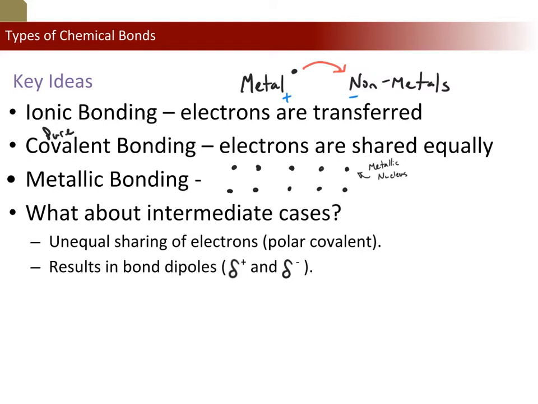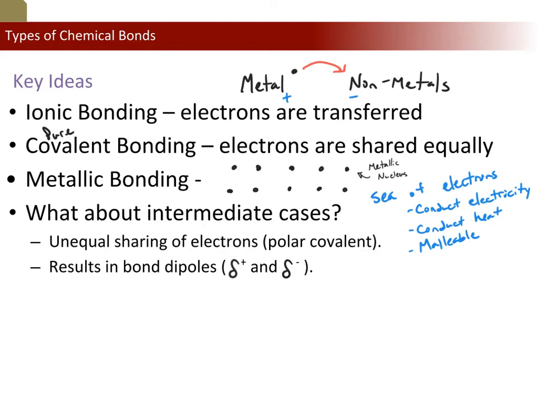And the electrons that belong to those nuclei exist in what is known as a sea of electrons, where all the nuclei are sharing the electrons, and that results in some interesting characteristics of metals, such as their ability to conduct electricity, their ability to conduct heat, and their ability to be pounded very thin, or malleable. And so these are evidence that metallic bonding exists. We'll talk more about metallic bonding in a later chapter.